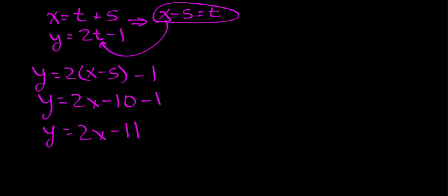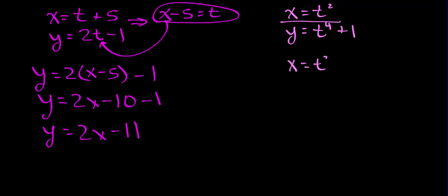Okay, let's look at another one. Let's suppose I've got x equals t squared and y equals, let's say, t to the fourth plus 1. Now, here's a way you can do this. Let's take this first equation, and I know that x is equal to t squared. But down here, I've got t to the fourth.